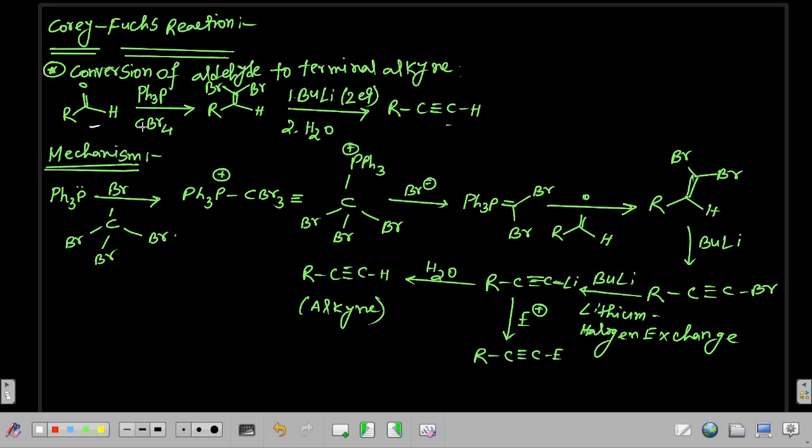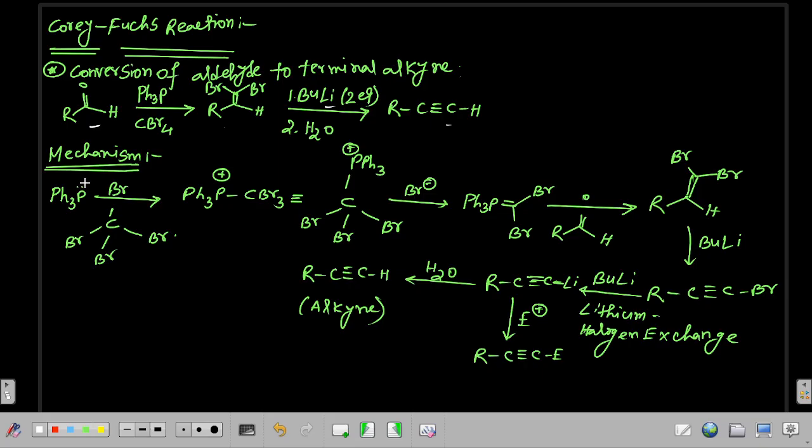It leads to the formation of the dibromide intermediate. This dibromide intermediate reacts with two equivalents of n-butyl lithium, followed by hydrolysis to give terminal alkyne. Now we'll go to the mechanism of this reaction.